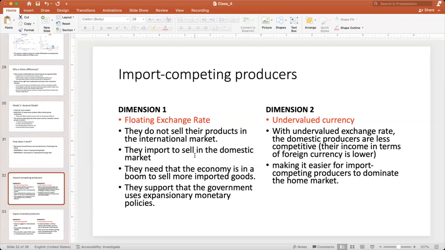So when there is an undervalued exchange rate, the domestic producers are less competitive. So import producers could sell their products without facing high levels of competition.